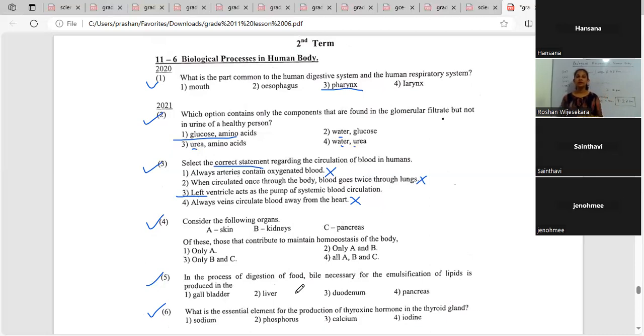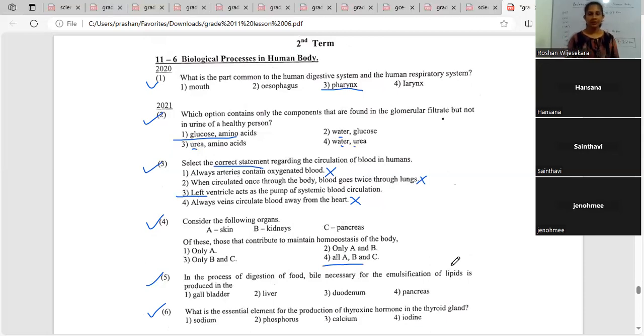Those are for homeostasis. The skin is involved in that. Kidneys are also involved, and the pancreas is also involved by producing enzymes. Therefore, all three organs are involved in homeostasis. All A, B, C. The fourth one is the correct answer.